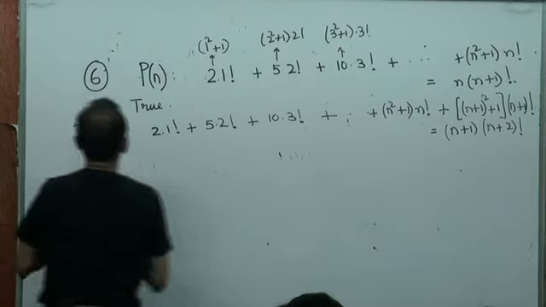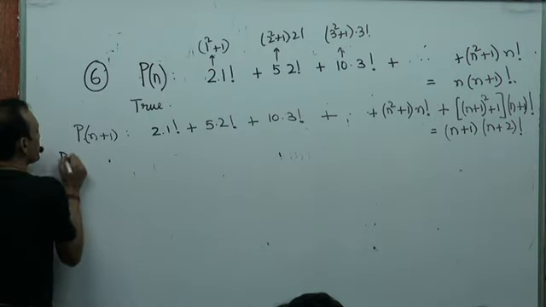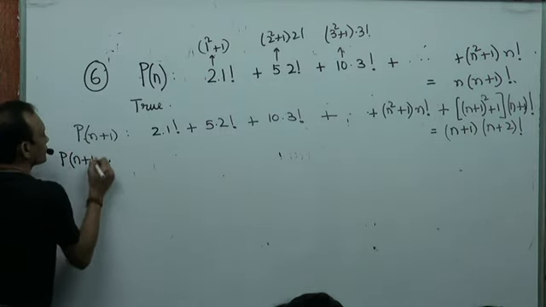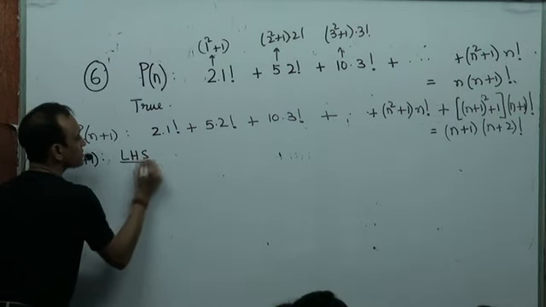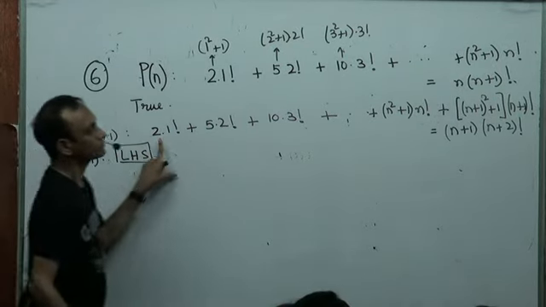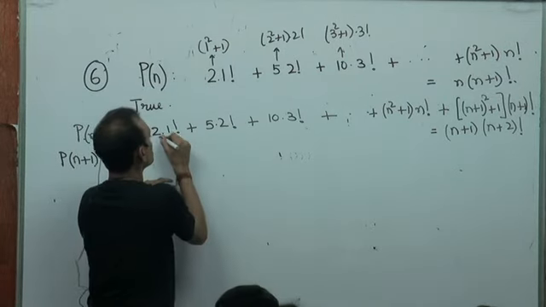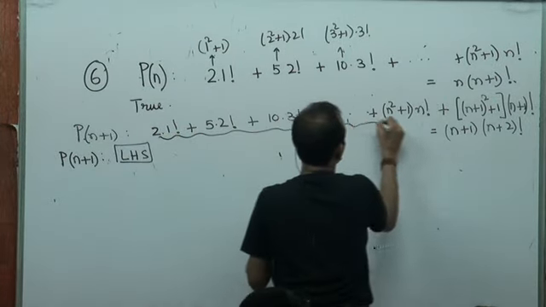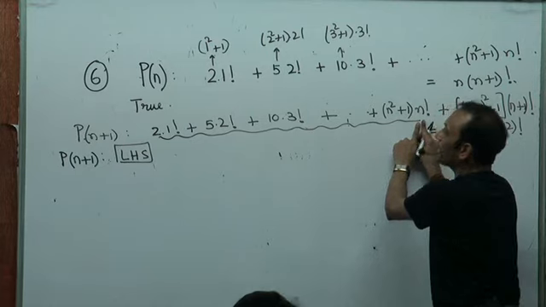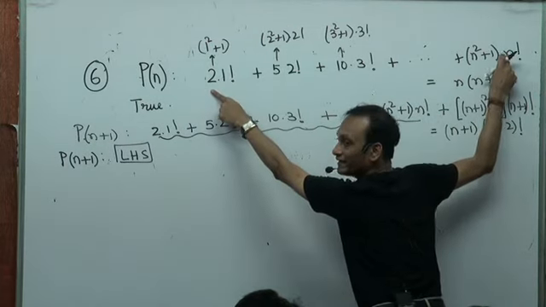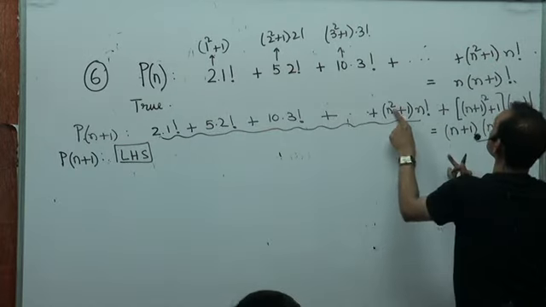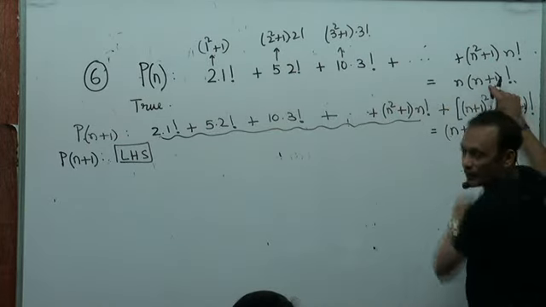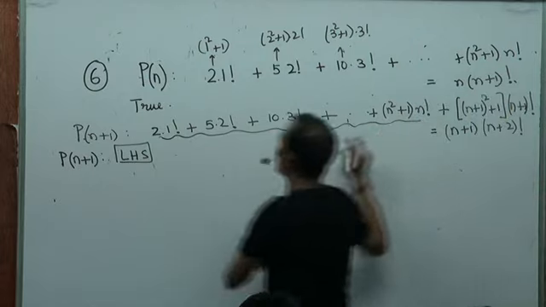Now, left hand side of Pn plus 1. Look, terms up to this are terms that belong to Pn, and we have assumed Pn to be true. So this plus this plus this plus this up to this is actually n into n plus 1 factorial, right?